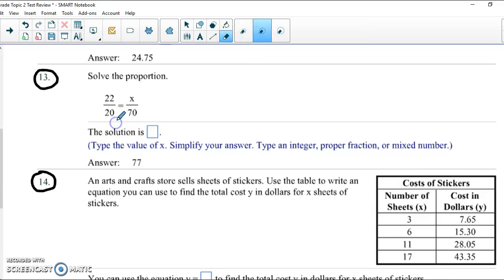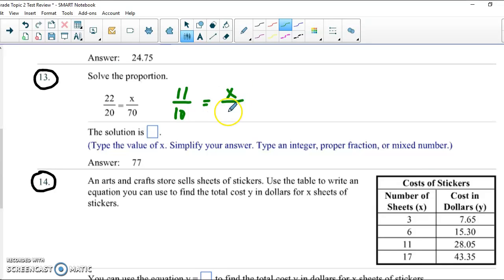The first one is I could take this complete ratio and reduce it to lower terms. If I divide the numerator and denominator both by 2, 22 divided by 2 is 11, and 20 divided by 2 equals 10. So I can rewrite this proportion as 11/10 equals x over 70.